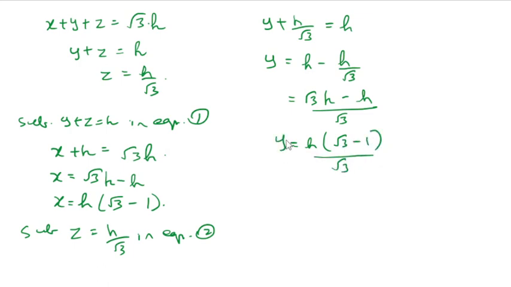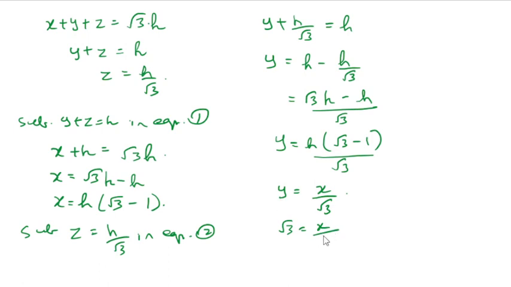This is y. So we have found that x equals h times root 3 minus 1, y equals h times root 3 minus 1 over root 3. So we simply replace h times root 3 minus 1 as x. Substituting the x value in y, we get y equals x over root 3, right? Cross multiplying root 3, root 3 times y equals x.